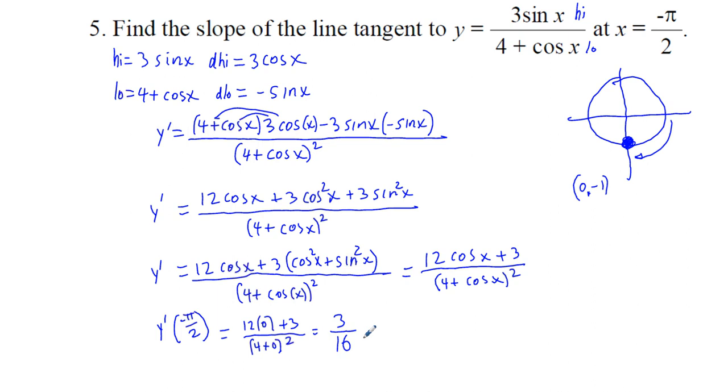So that's going to be our slope, or m sub t. So a lot of these trigonometric problems are worked out like this, where a lot of stuff just cancels out as 0. So try not to get intimidated whenever you see trigonometry in your tests. Good luck, and thanks for viewing.